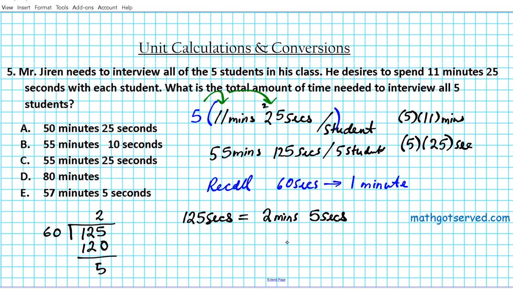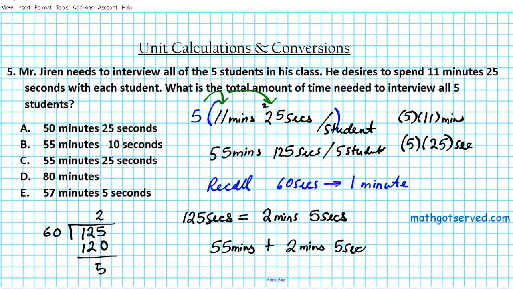Okay, so now that we have converted 125 seconds into minutes and seconds, we're going to add it on to this unit that we have over here. So what is 55 minutes plus 2 minutes and 5 seconds? What is that going to be? So we just add corresponding units that match, right?